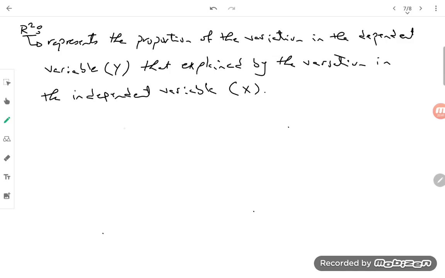So we can divide total variation into explained variation and unexplained variation.